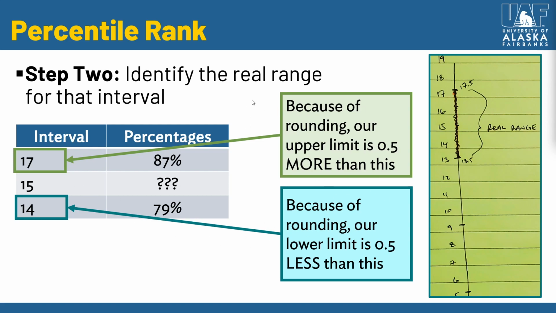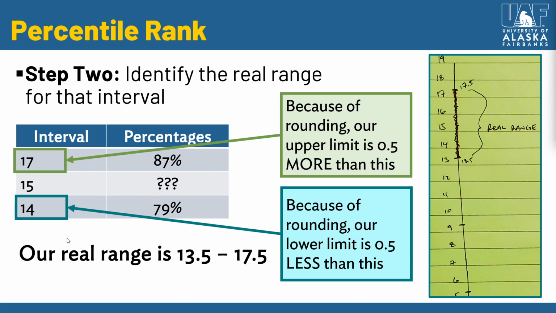That's what your book is talking about when it says the real range is 0.5 higher or lower than your limits. Just think of this visualization. In this case, our real range is 13.5 to 17.5.